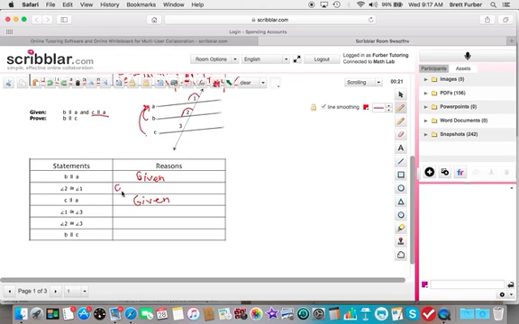So I would say for my reason, the corresponding angles postulate. And again, I'm abbreviating angles. I put the little angle symbol with an S, okay? Okay, so I've now proven that those two are congruent angles. Okay, so now let me do the next step here.